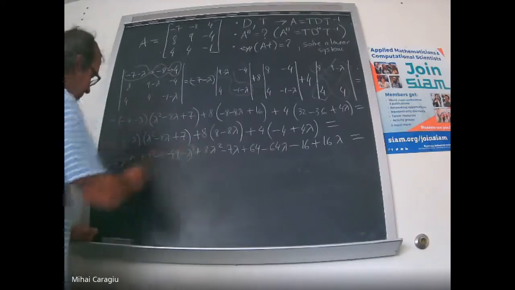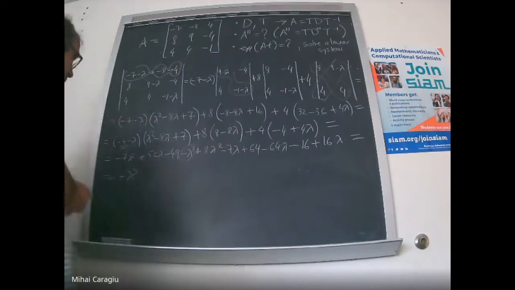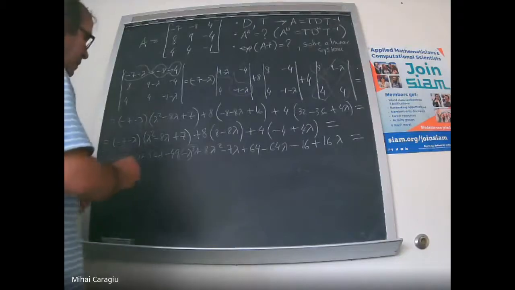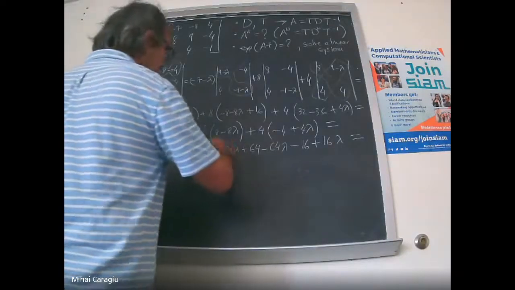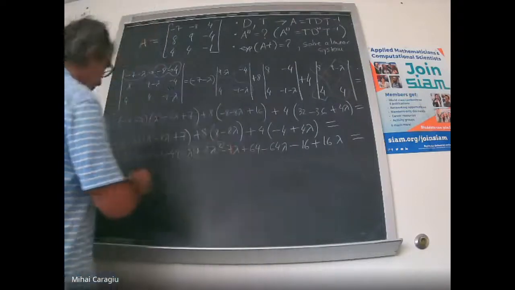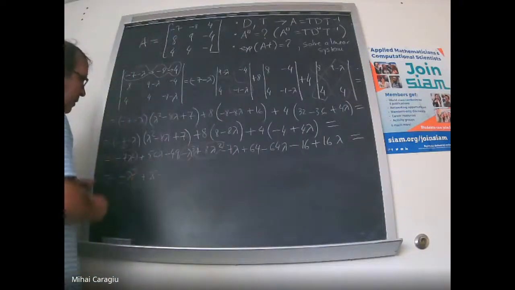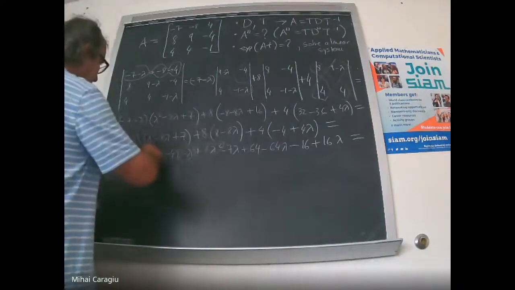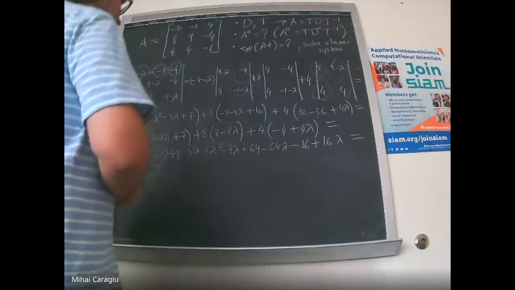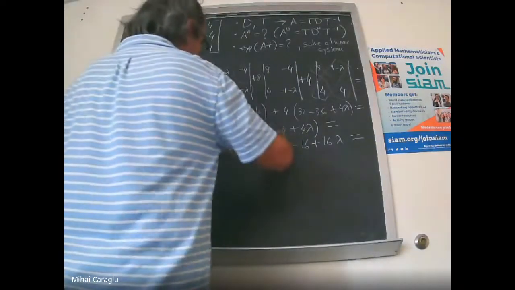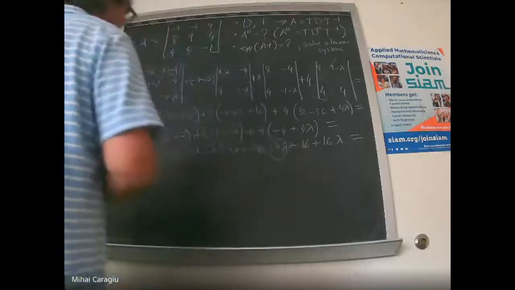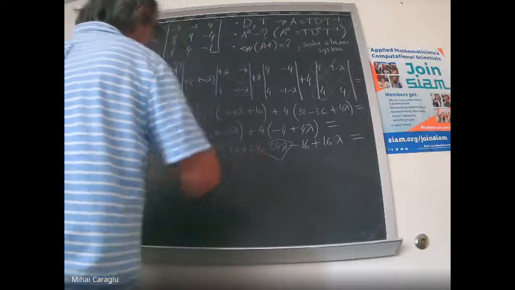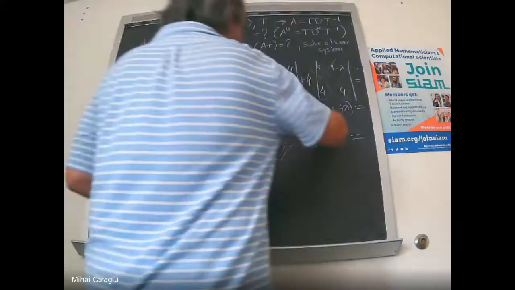And this will be, well, let's try to group the like powers. So minus lambda cubed. How many lambda squares do we get? Minus 7 lambda squared plus 8 lambda squared, and that's it, so plus lambda squared. Okay, let's count the lambdas now. 56 lambda minus 64 lambda, minus 7 lambda plus 16 lambda.